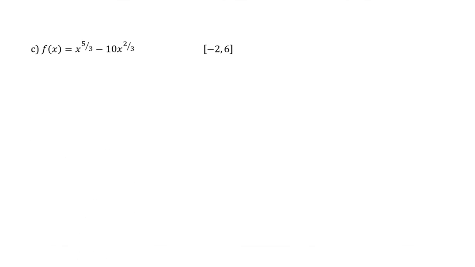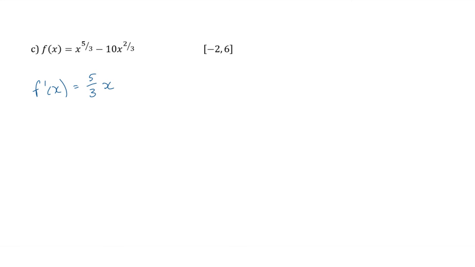All right, we still got a couple more. This one is quite different. Notice the rational exponents, fraction exponents. So when I take the derivative, I take the 5/3 out front, subtract 1.